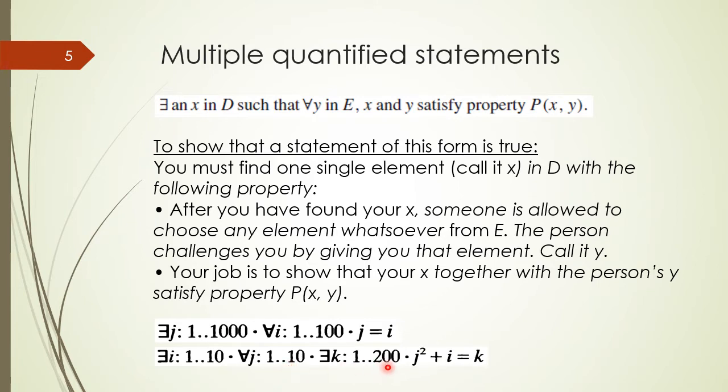You can find 10. Similarly, I pick 1 and add it to the square of 10, which would be equal to 101. And yes, you can find 101 in this domain, therefore satisfying all the elements of the second domain, and this statement is true.